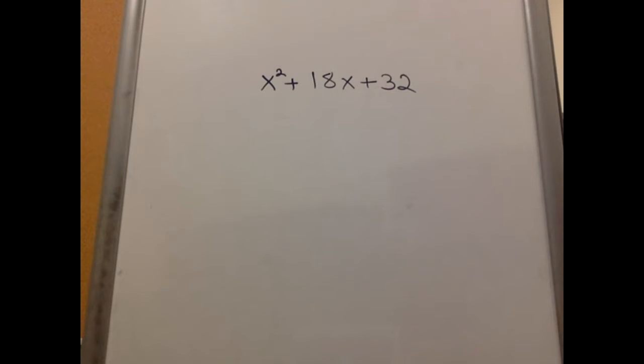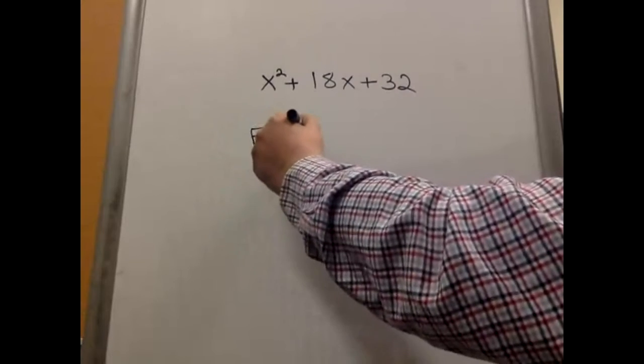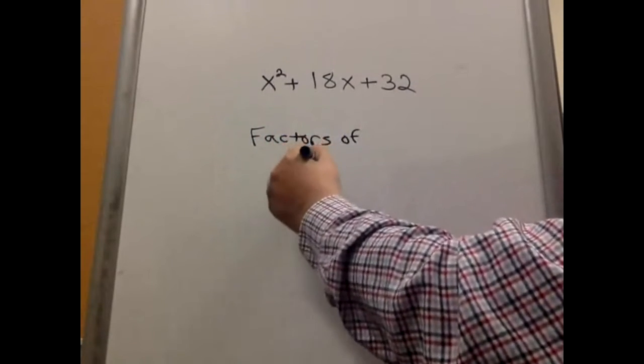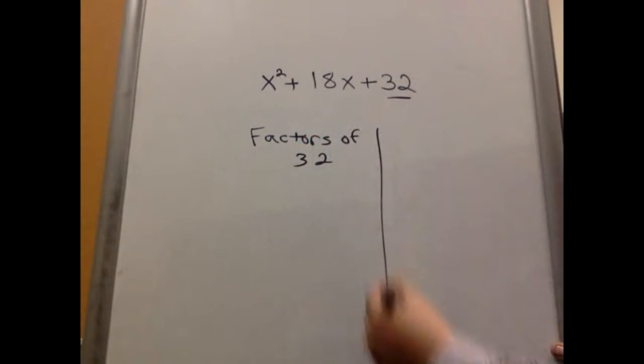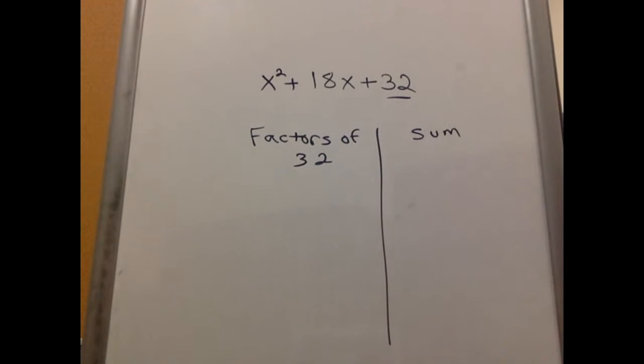All right, let's factor this. The first step we said is to list all the factors of c, but in this case c is 32. So we're going to find all those factors, and then for each pair of factors that we find, we're going to write down the sum.